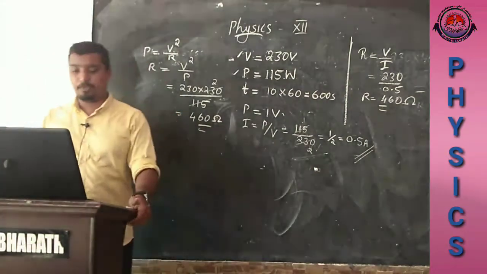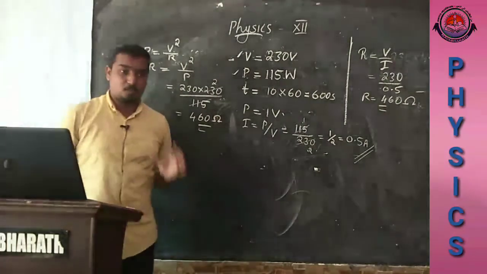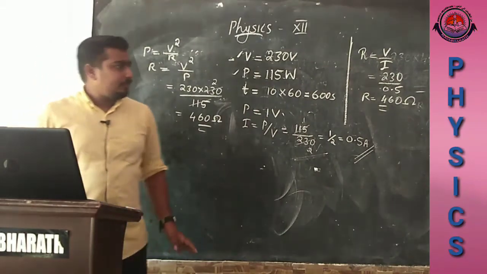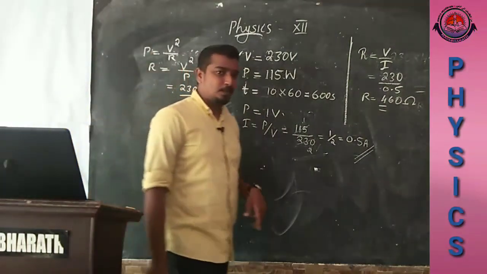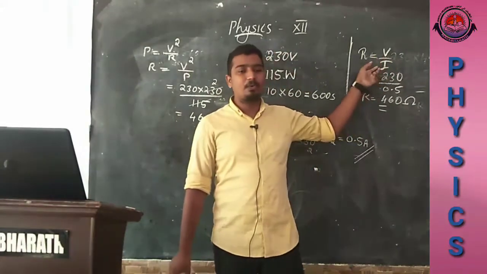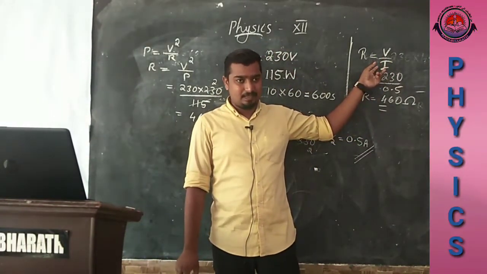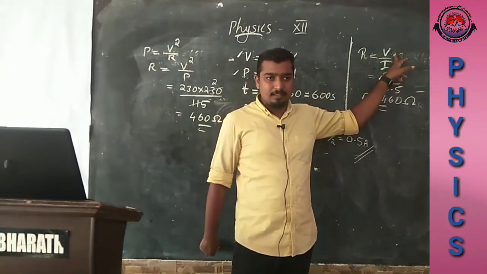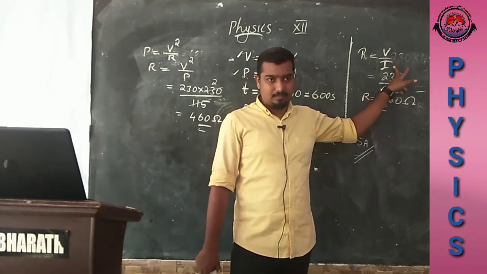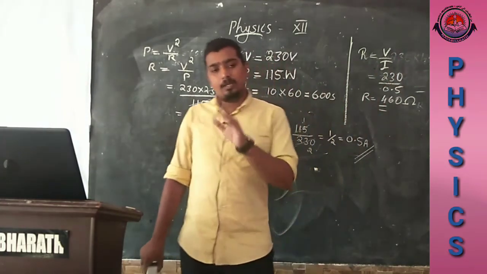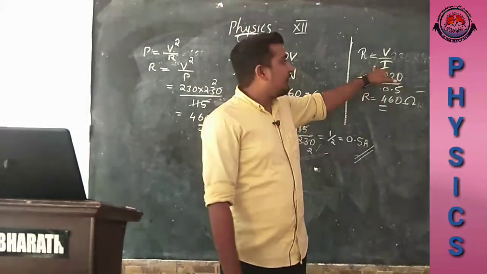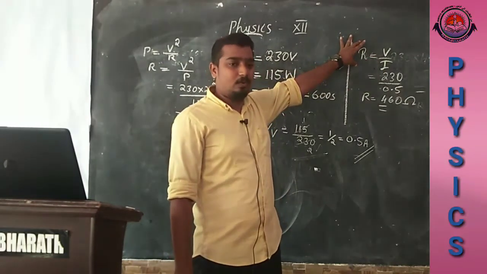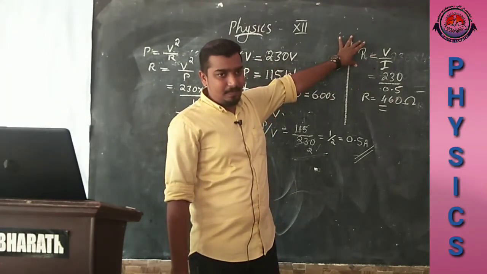Then the next question is a very important question. Listen. We already studied, according to Ohm's law, R equal to V by I. If the voltage is varying, the current is also varying. According to Ohm's law, when the voltage is varied, the current also varies, but the resistance is constant, that is not varied.